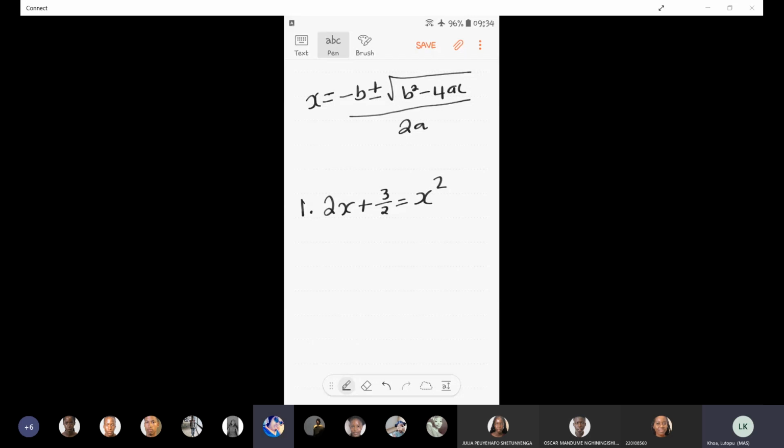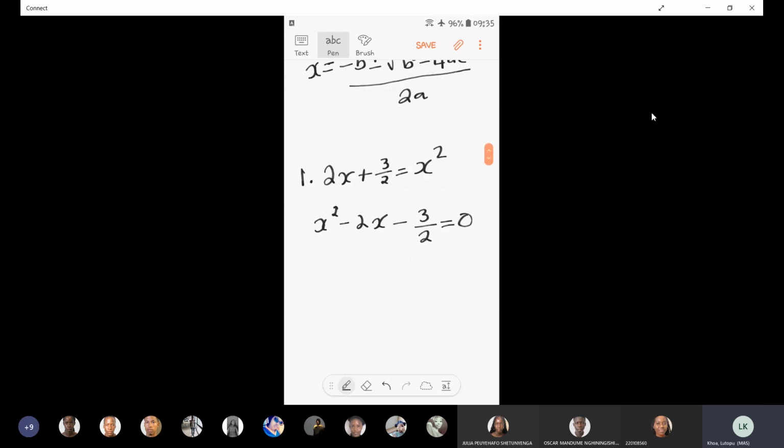In standard form, I must have everything on one side and 0 on the other side. Okay, let's do that. I can rewrite it as x squared minus 2x minus 3 over 2, and this is equal to 0.